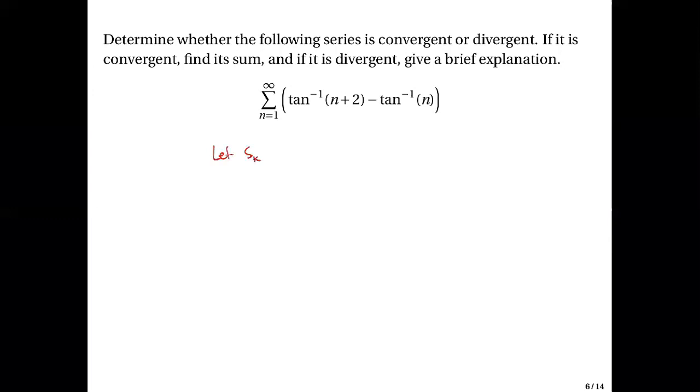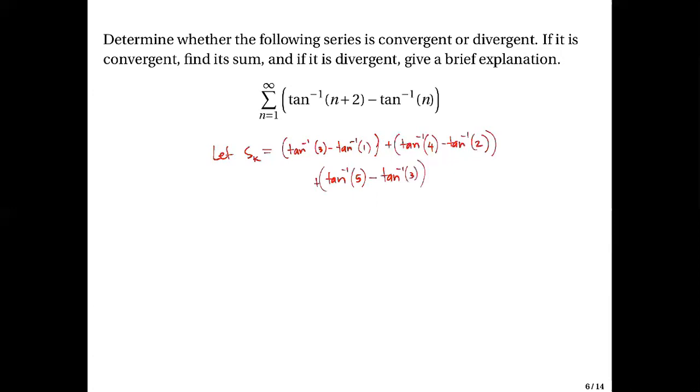Let S sub k be the sequence of partial sums. Okay, so at n equals 1, you will have tangent inverse of 3 minus tangent inverse of 1, plus at n equals 2, you have tangent inverse of 4 minus tangent inverse of 2, plus at n equals 3, you have tangent inverse of 5 minus tangent inverse of 3.